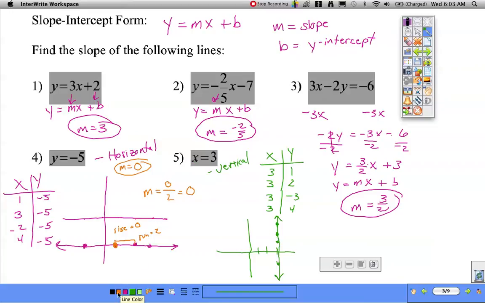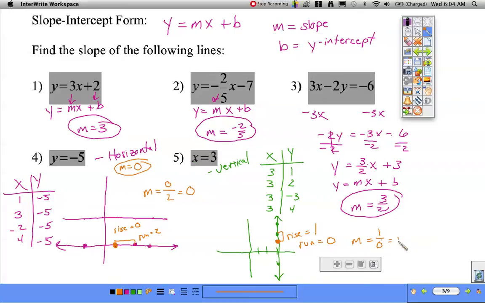Again, let's use the rise over run method of finding the slope here. If I start at this point, I am rising 1 unit, but I am running in the x direction 0. I'm not going to the right or to the left at all. So if I use my slope here, I would say the slope is the rise over the run, 1 over 0.